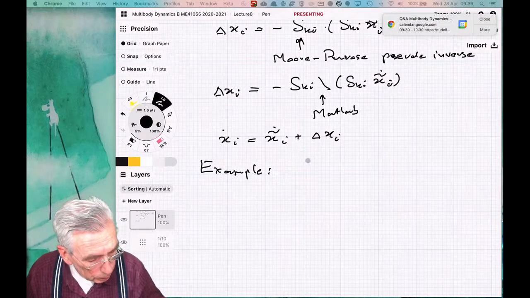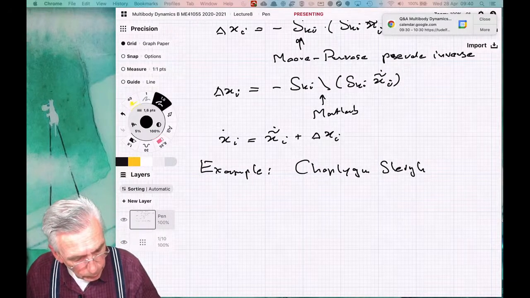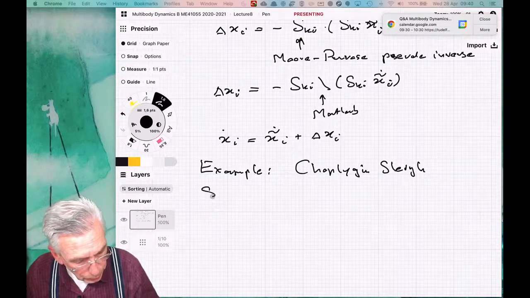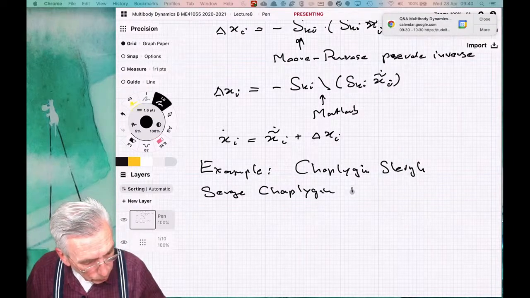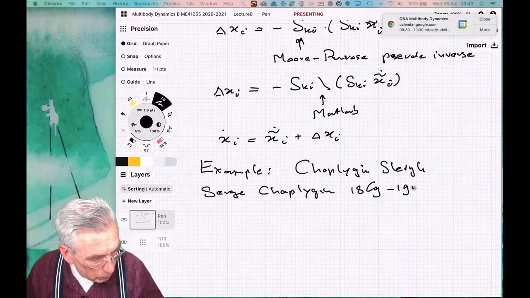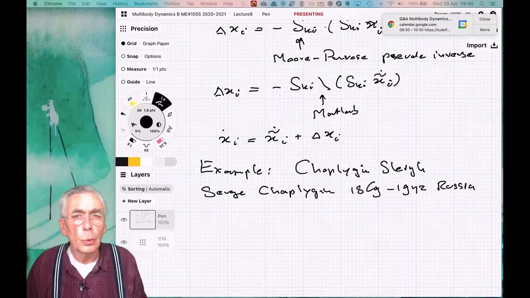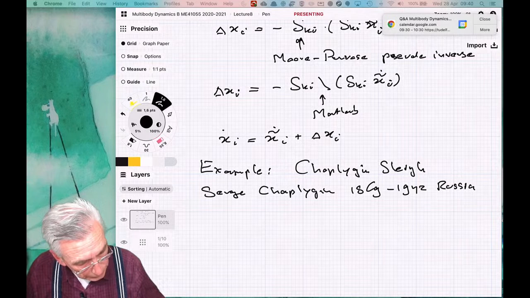And the example is the Chaplin sleigh. And Chaplin is the name of a person. So Sergey Chaplin, who was he? Well, he lived from 1869 to 1942 in Russia. 1942, I probably know why he died, somewhere in Stalingrad or Leningrad, horrible.